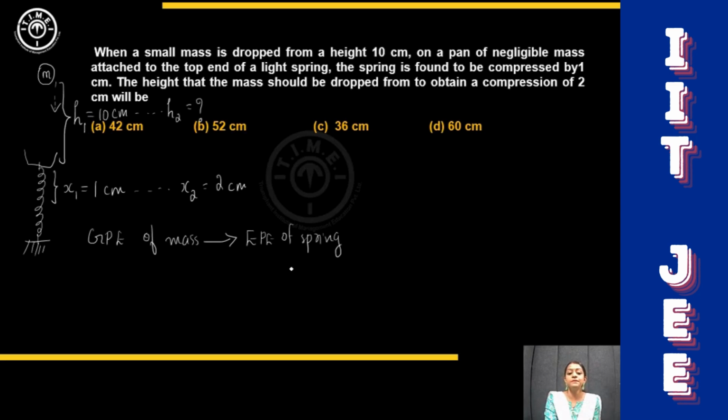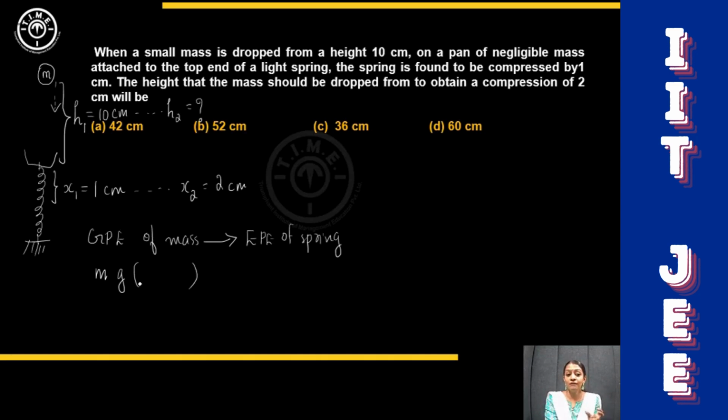Okay, now let's substitute the equations of gravitational potential energy and elastic potential energy. Of course, the equation of gravitational potential energy is mgh, but here you have to be careful because we are dropping the body from a height h1, and because of the weight of that body, the spring is getting compressed.